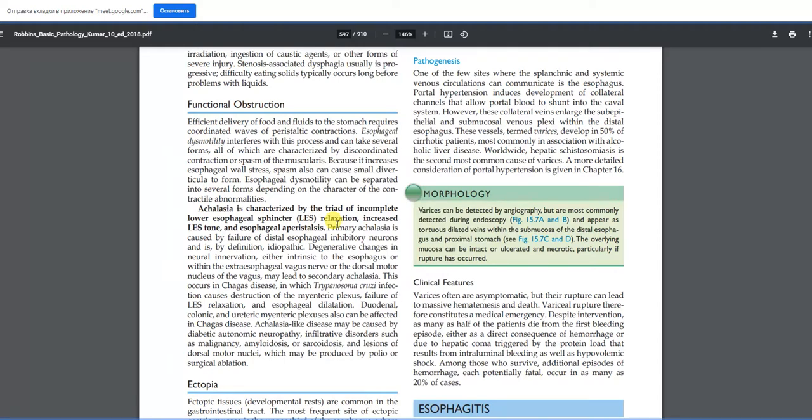It happens due to failure of distal esophageal inhibitory neurons. The cause is idiopathic, so we don't know the real cause of it, but we have to handle it. But we have secondary achalasia. For example, in Chagas disease, which is caused by Trypanosoma cruzi, it leads to failure of lower esophageal sphincter relaxation.